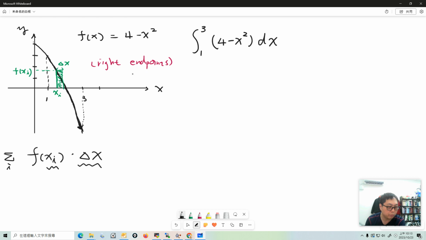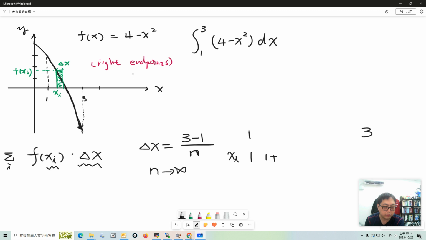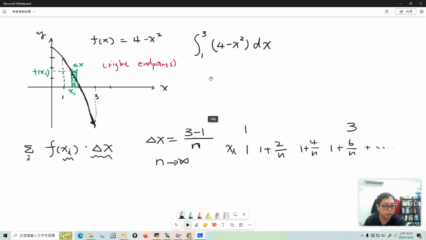Suppose I slice the range into n pieces. Then our delta x would be the range, 3 minus 1, divided by n pieces, so 2 over n, and n is approaching infinity. So xi would be 1 plus 2 over n, then 1 plus 4 over n, then 1 plus 6 over n, and so on, all the way to 3.